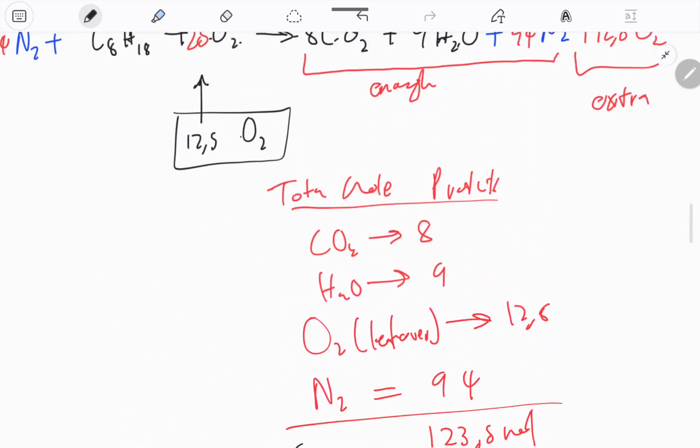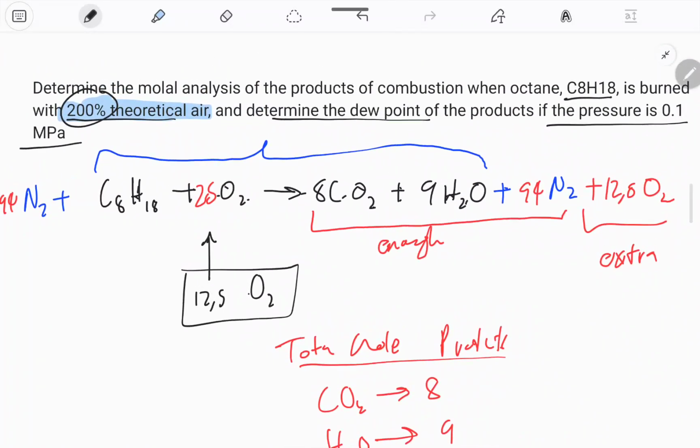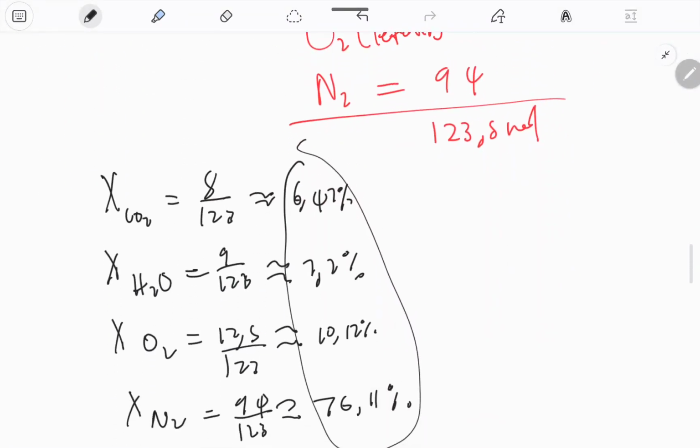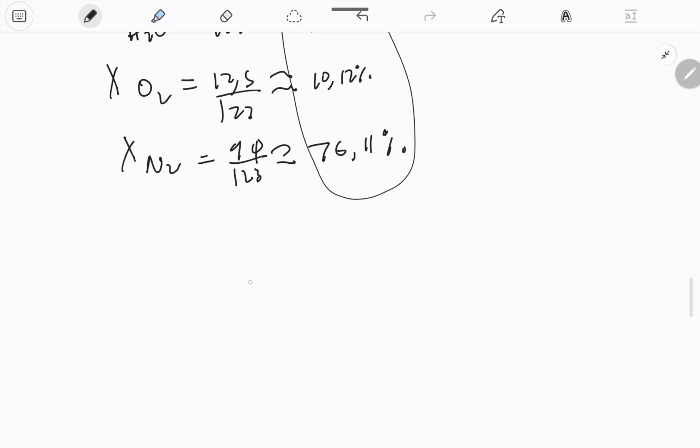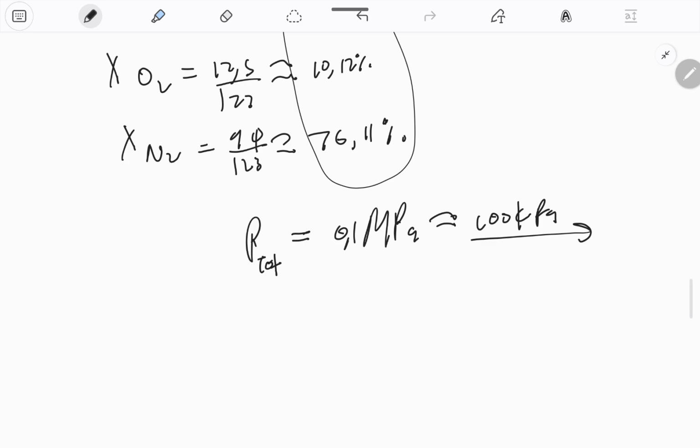But they did give us some pressure. The total pressure was given to be 0.1 MPa, which is around 100 kPa.